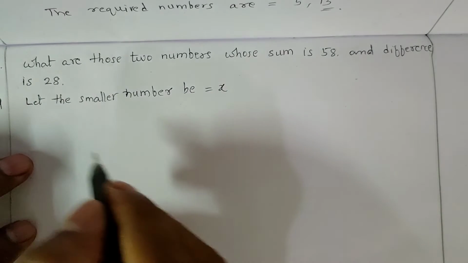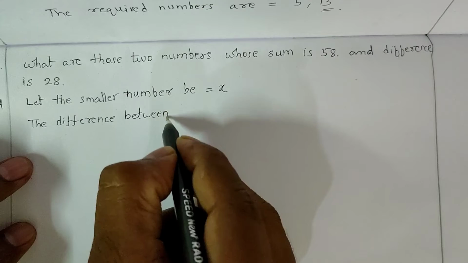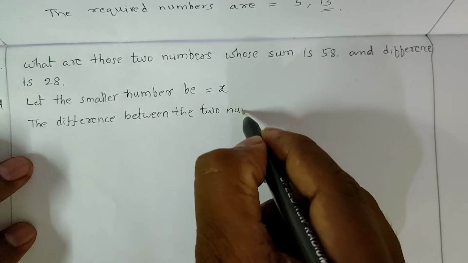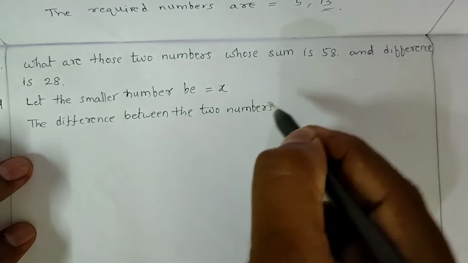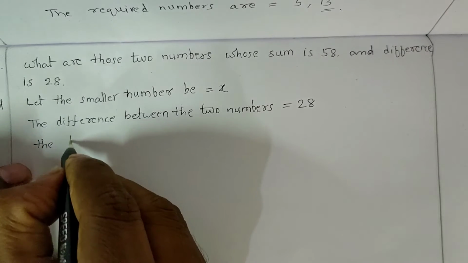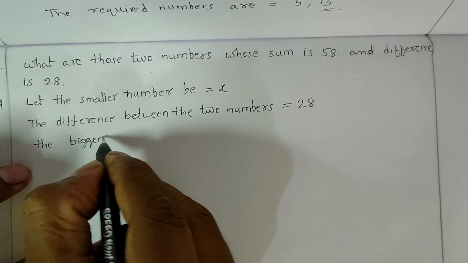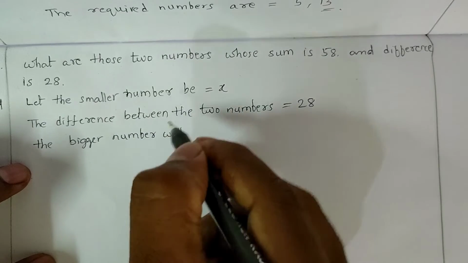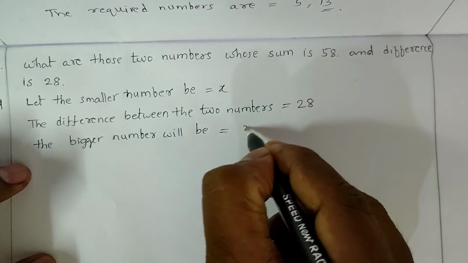Since the difference is 28, the difference between the two numbers equals 28. So the bigger number will be x plus 28.